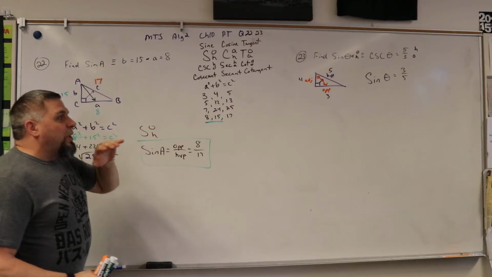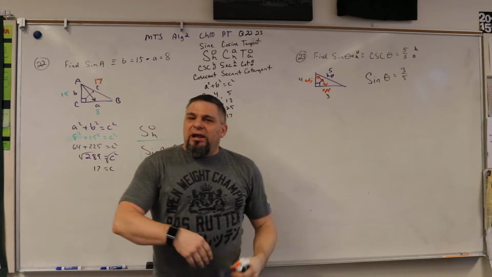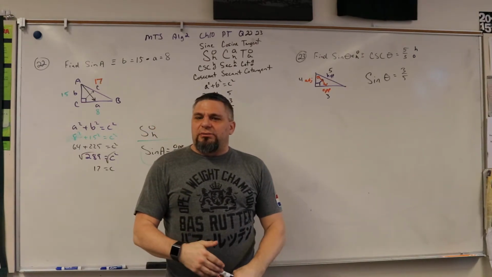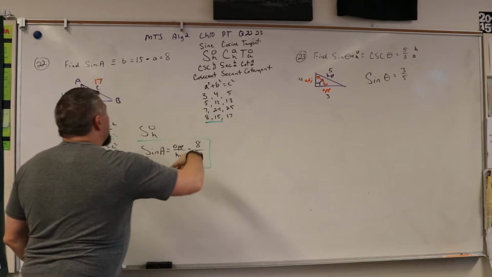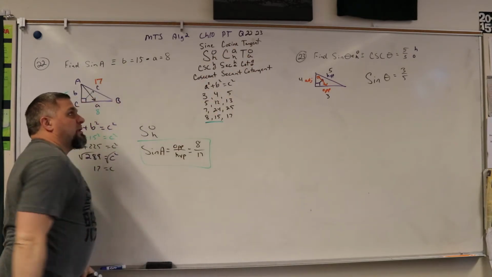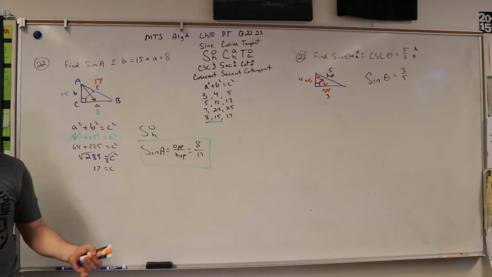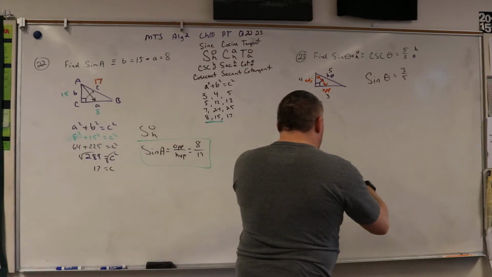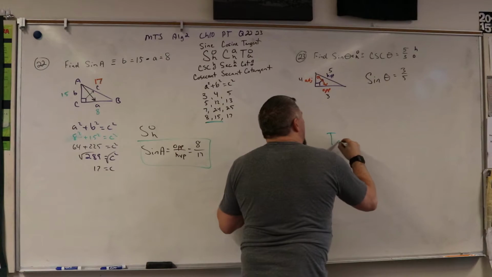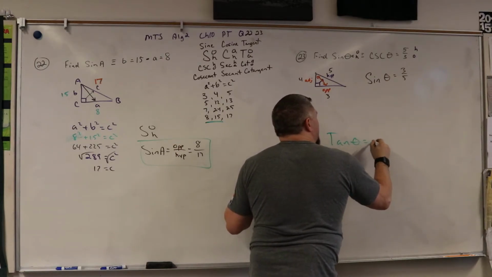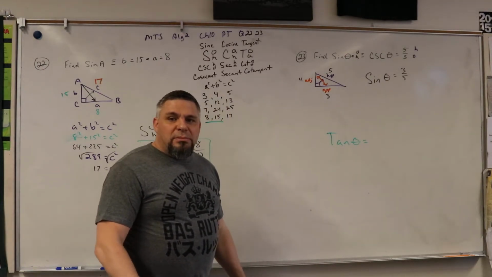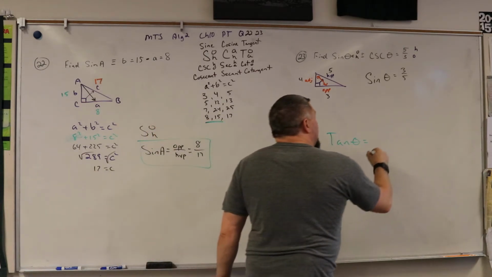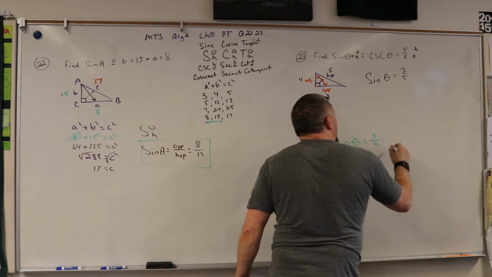So the reason why I'm pointing this out is if they were to ask you, give me any other one. Anything else? Like cotangent or tangent. Tangent, okay. If they say, I want to know what tangent theta is, now you know what it is because tangent is opposite over adjacent.